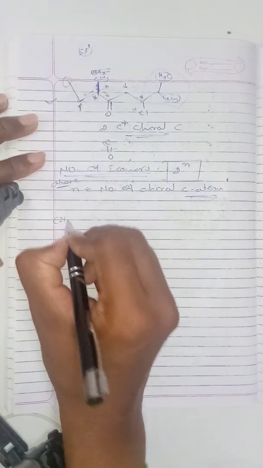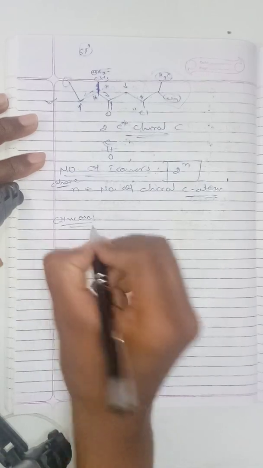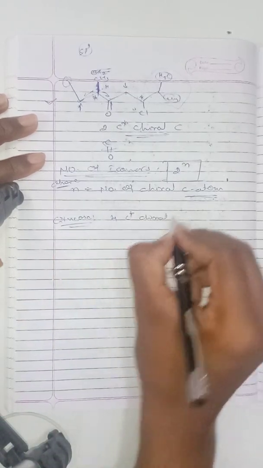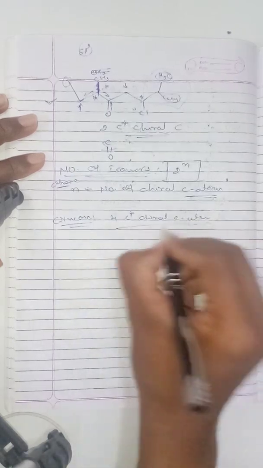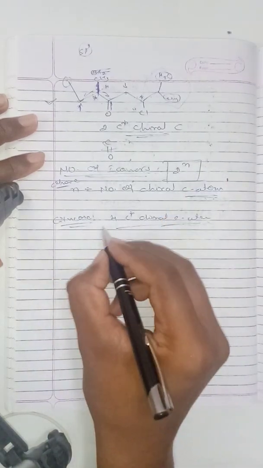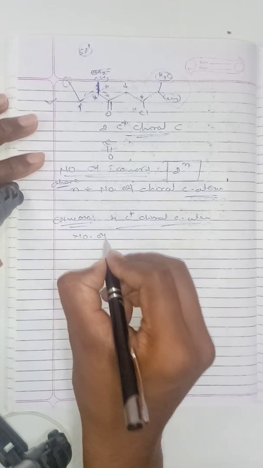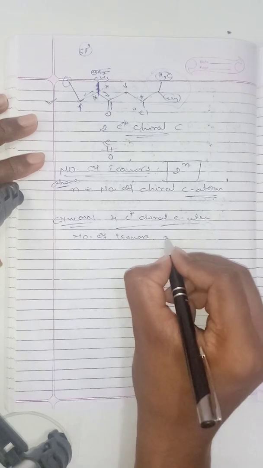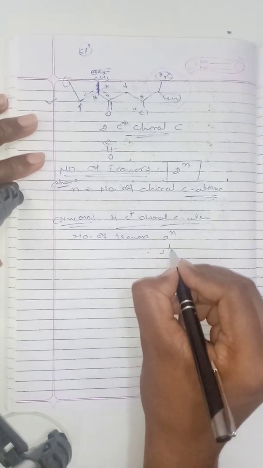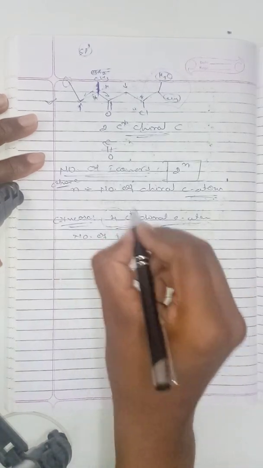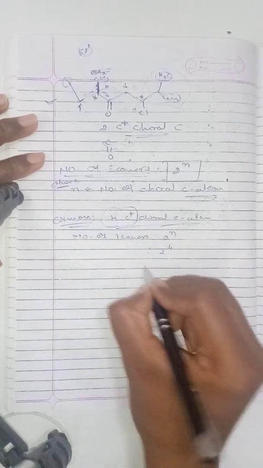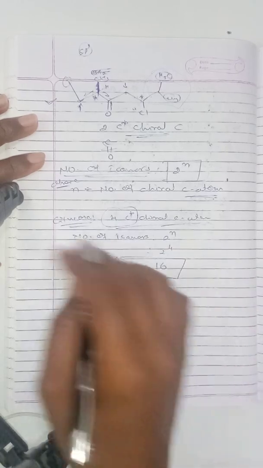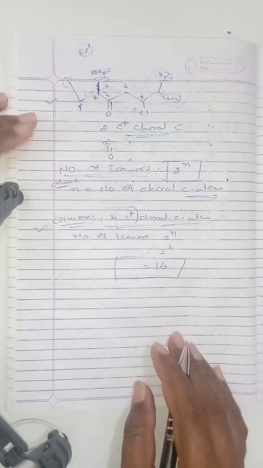In glucose we have already discussed 4 chiral carbon atoms. So in glucose the number of isomers is 2 raised to n, 2 raised to 4, because there are 4 chiral carbon atoms. The total number of isomers present in glucose is 16.